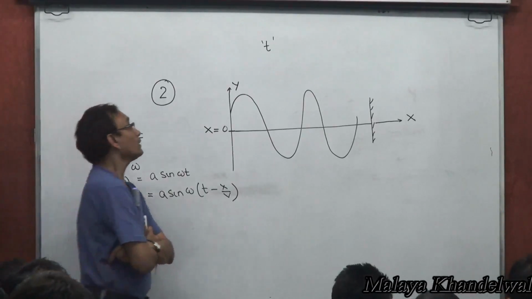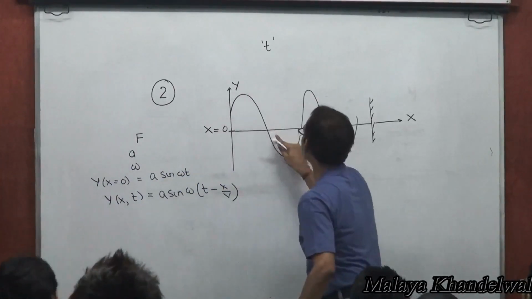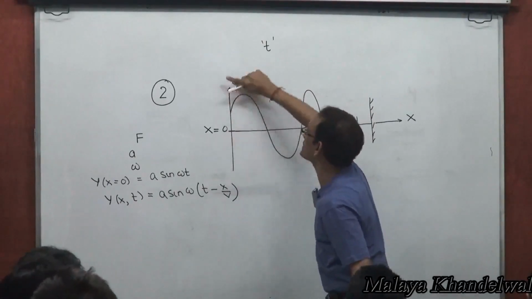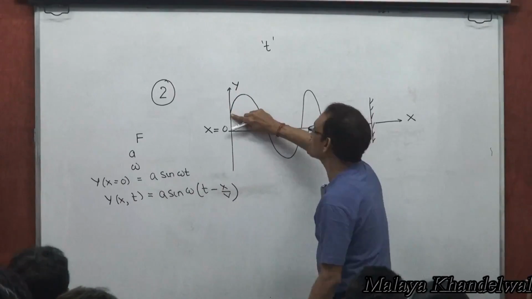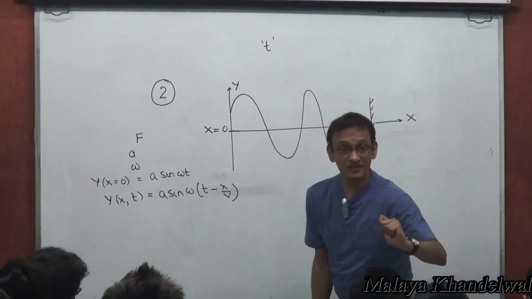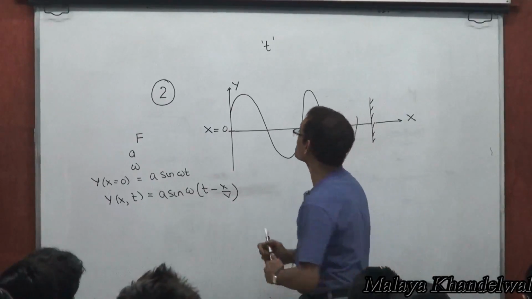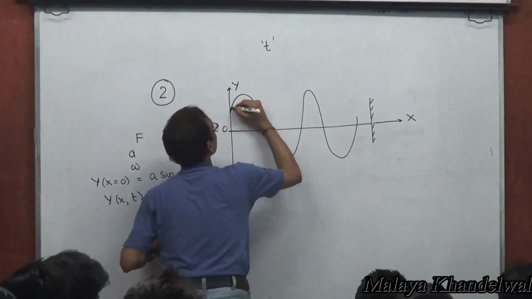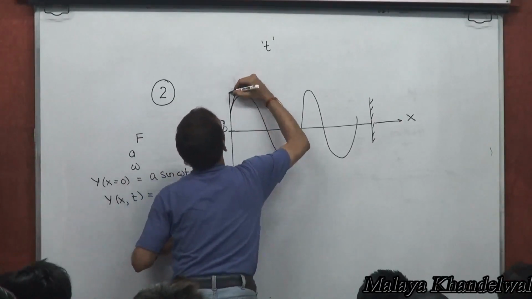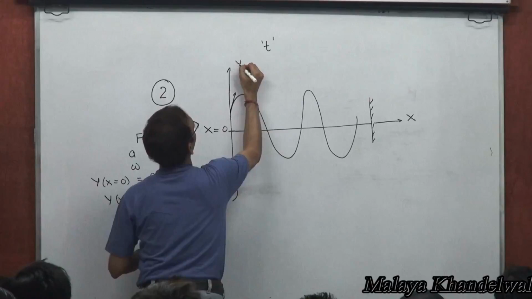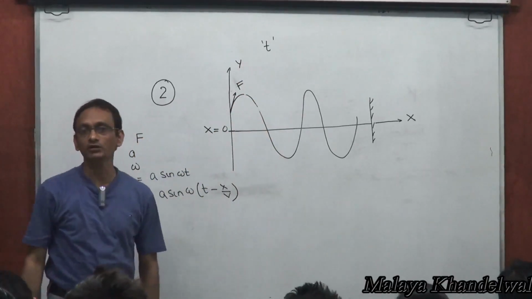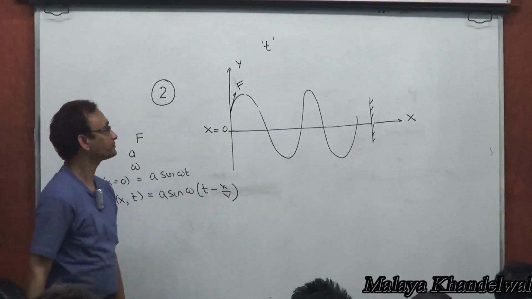Now at this instant of time t, the block is here, which is executing SHM in the y direction. This is the position of the block, right? If F is the tension in the string, then the string exerts upon the block a force F like this.